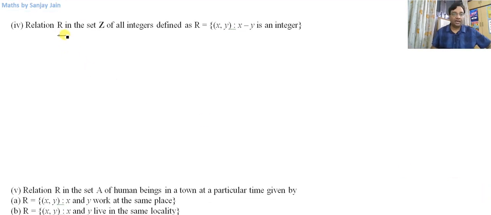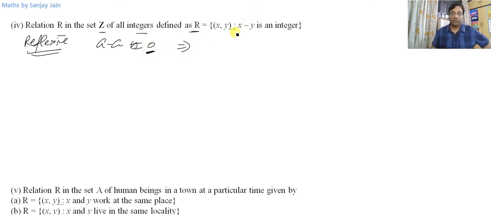Now relation R in set Z of all integers is defined as x minus y is an integer. So now I'll check for reflexivity. A minus A is an integer, because A minus A is equal to 0, which is an integer.